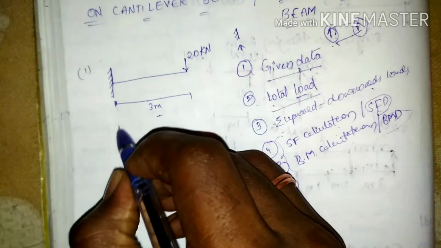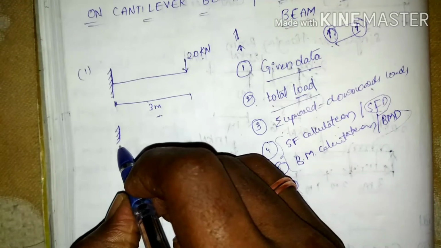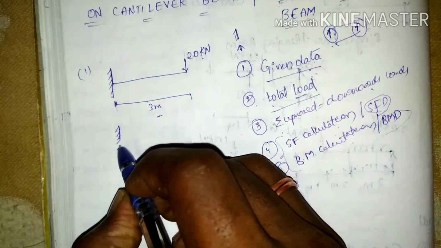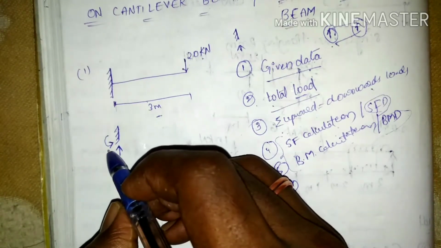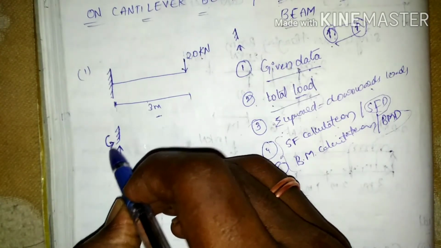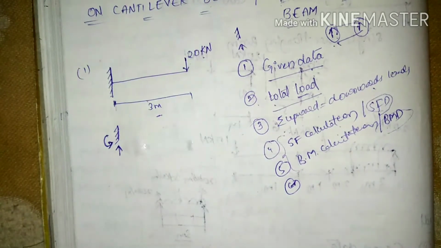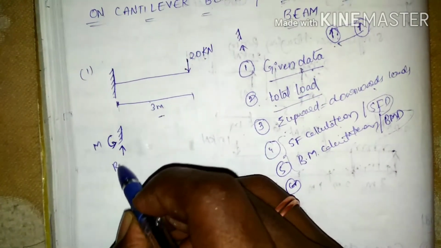We have to know what the equilibrium conditions are. For the fixed beam, we are going to have an upward reaction and a moment. This is the moment and this is the reaction.